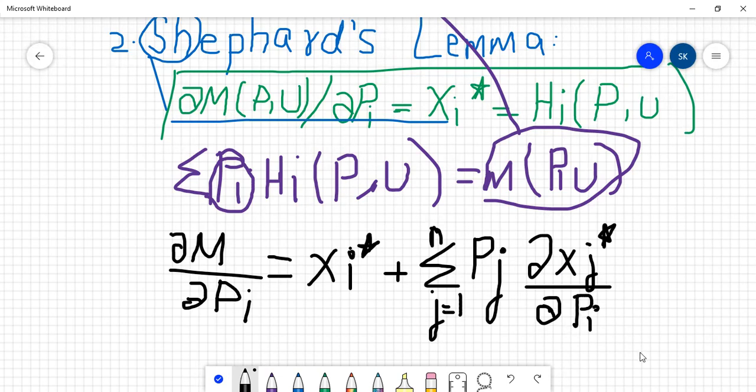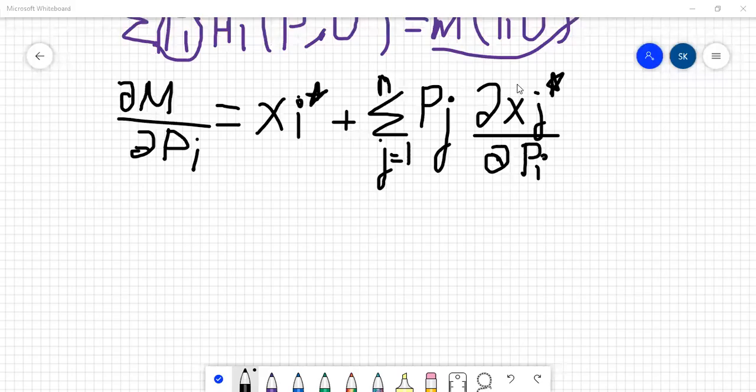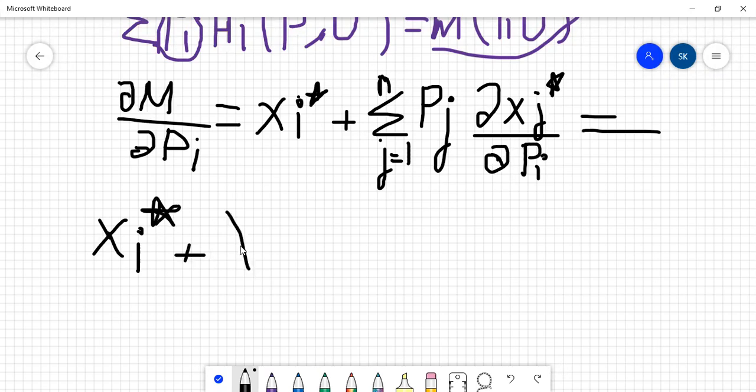After further solving it, we get xi star plus lambda, the Lagrangian multiplier.